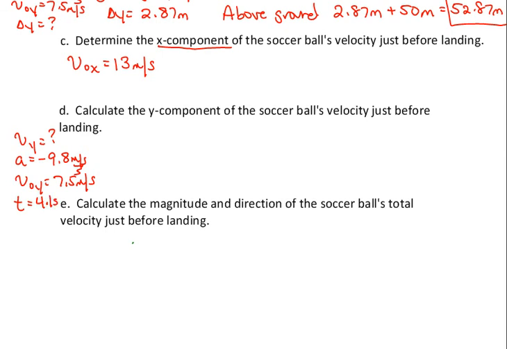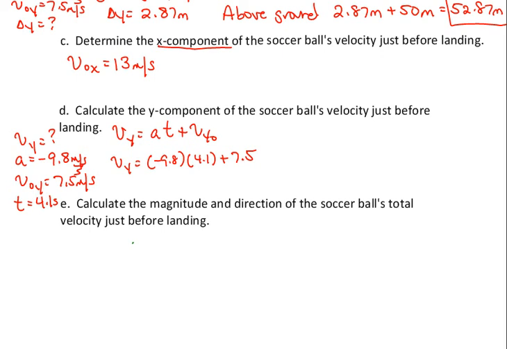So again, looking at our equations, we have this equation which we are applying to the y direction, and we're looking for the velocity in the y direction just before landing, and that's when the ball has been flying through the air for 4.1 seconds. So let's go ahead and calculate this out, and this will give us the y component of its final velocity.